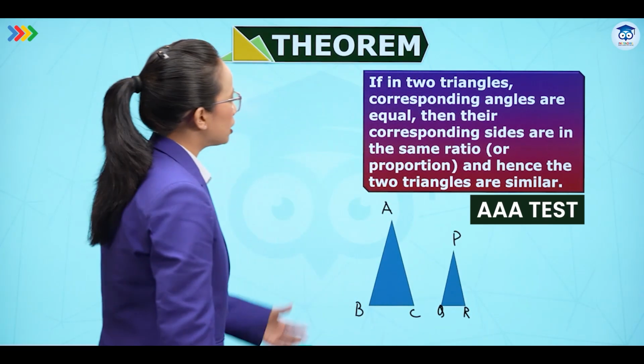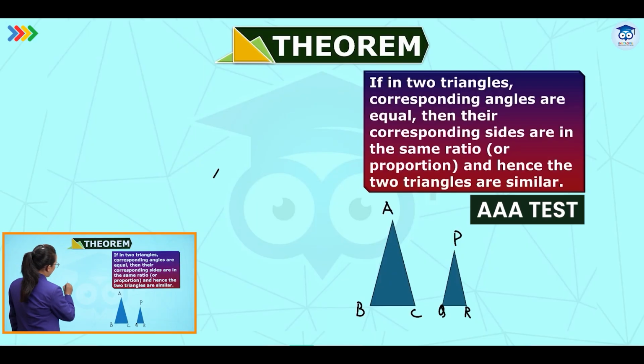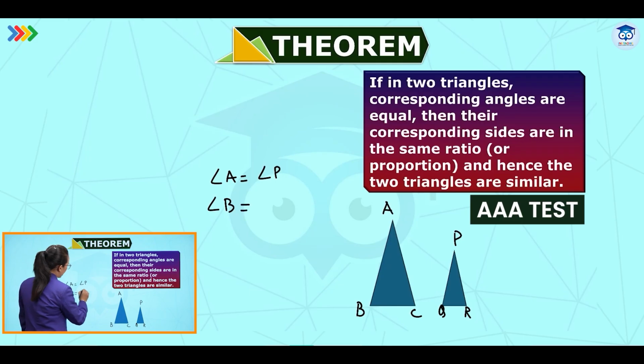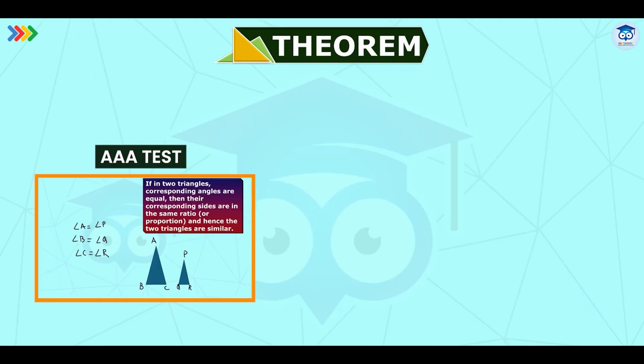So angles are equal: angle A is equal to angle P, angle B is equal to angle Q, and angle C is equal to angle R. So here triangle ABC is similar to triangle PQR.